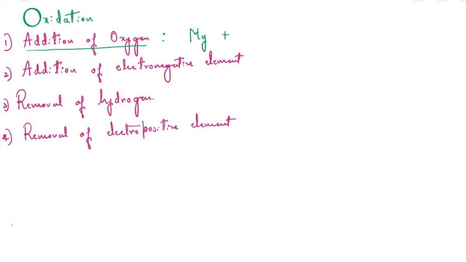Magnesium, when combined with oxygen, gets converted into magnesium oxide, that is MgO. Since oxygen is 2 times on the right hand side, I have to write 2 here, and hence magnesium has to be balanced on the left hand side. Is it clear, students? So magnesium when it combines with oxygen forms magnesium oxide. Thus it is a process of oxidation where we have added oxygen to magnesium to get magnesium oxide.